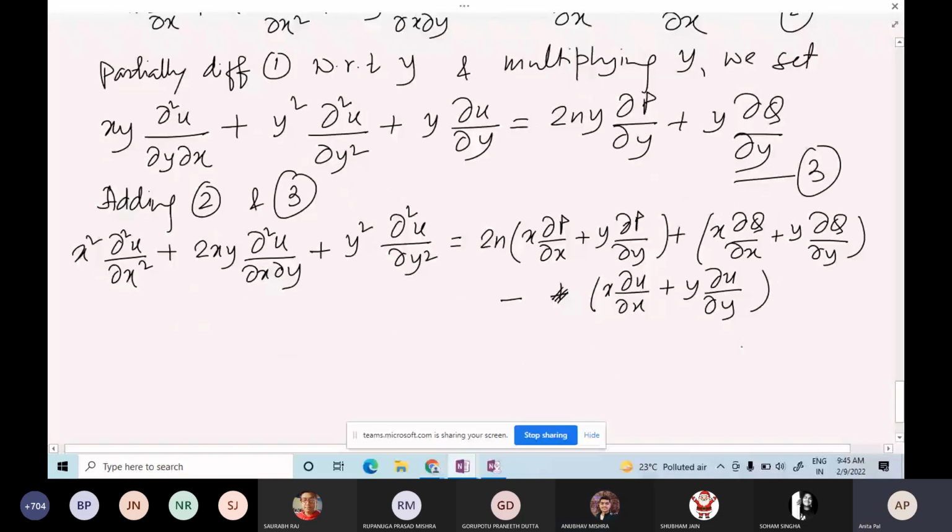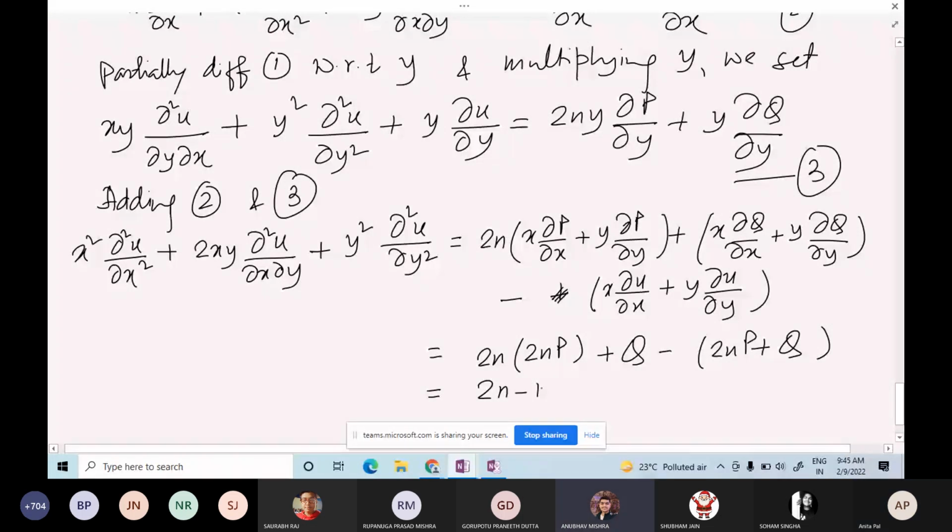If we simplify, you are going to get 2n minus 1 into 2np.